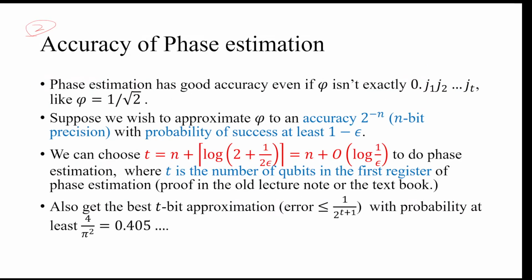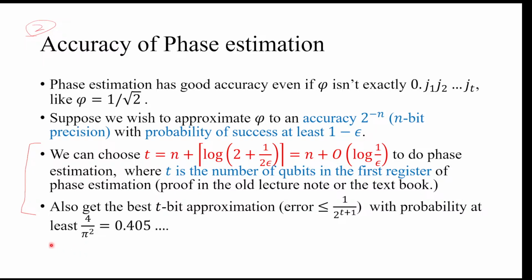Those are two different facts about the accuracy. If you just do t bits there, you will get the basic approximation, which means that your result is your phi rounded back to t bits.